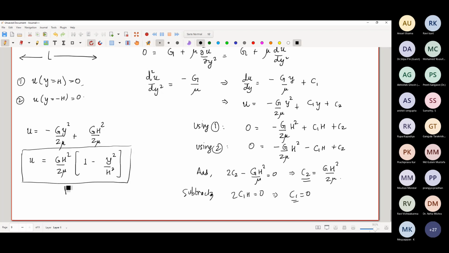This velocity profile is called the plane Poiseuille flow profile.